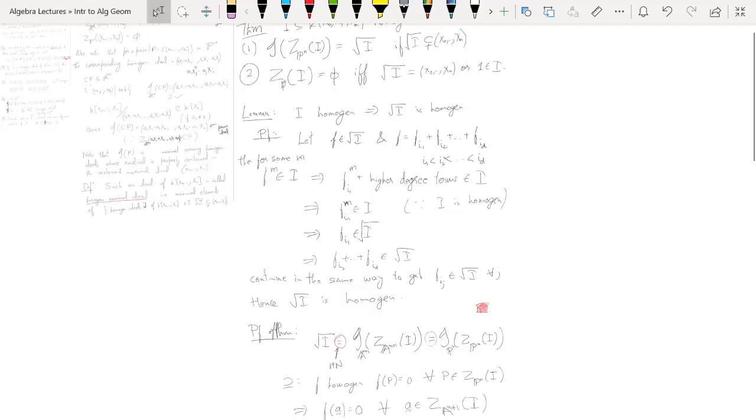If it is the empty set, then one belongs to I by Hilbert Nullstellensatz. If it is the origin, then we know that its radical is the ideal of definition of the origin, which is (x0, ..., xn), the irrelevant ideal.